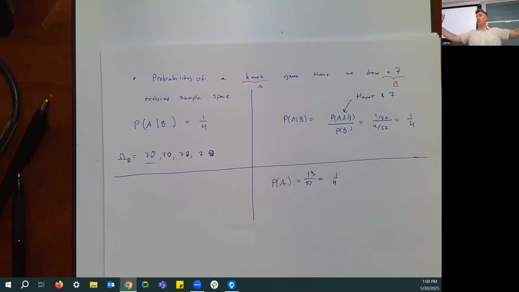It's not mutually exclusive, right? Their overlap isn't 0, or the empty set is technically the right word. Their overlap is non-empty. But what we're saying here is knowing that we drew a 7 didn't change the probability of getting a heart. That's the definition of events being independent. Knowing one thing has happened doesn't change the probability of the other thing happening.